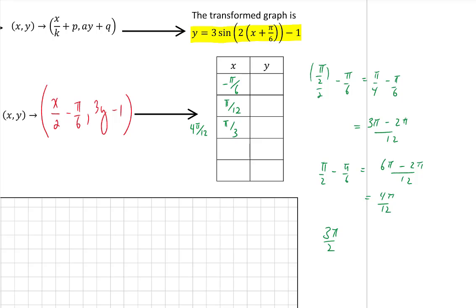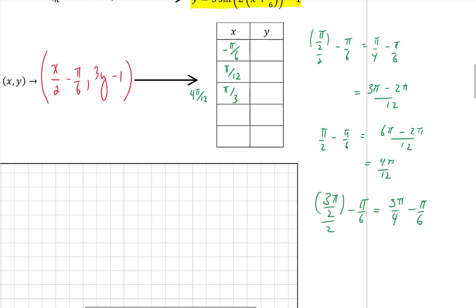So 3 pi over 2 divided by 2 minus pi over 6 is equal to 3 pi over 4 minus pi over 6. If we take a common denominator of 12 again, we end up with 9 pi minus 2 pi all over 12. So this gives me 7 pi over 12.